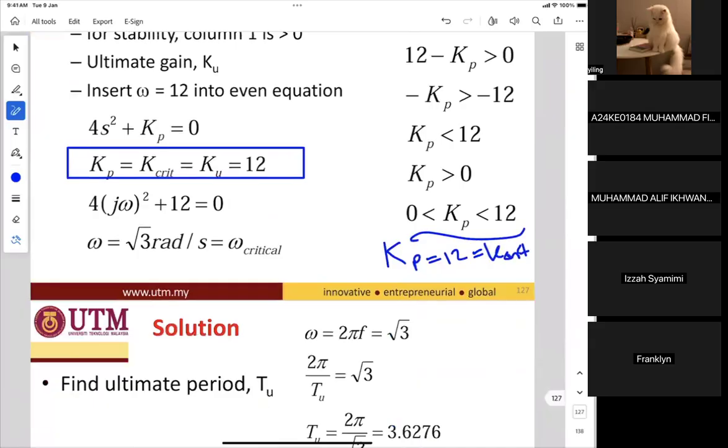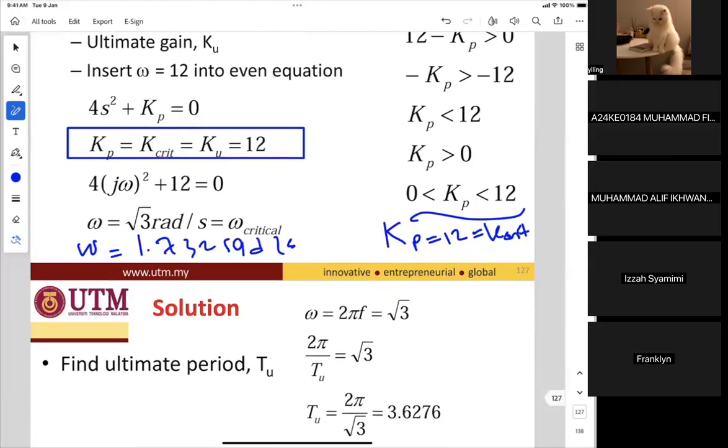Okay. What is the square root of 3? Square root of 3 is 1.732 radian per second. Okay.